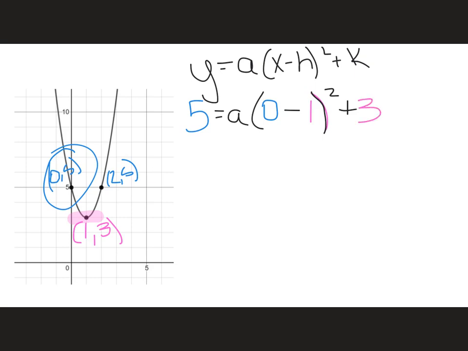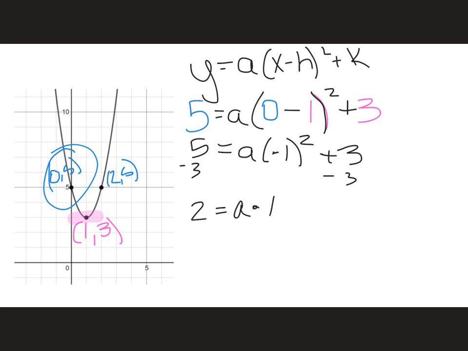And that's just coming again from the vertex. And then I'll simplify. So we will have 5 equals a times negative 1 squared plus 3. So I'll subtract 3 on both sides. So 2 equals a times positive 1, because negative 1 squared is positive 1.